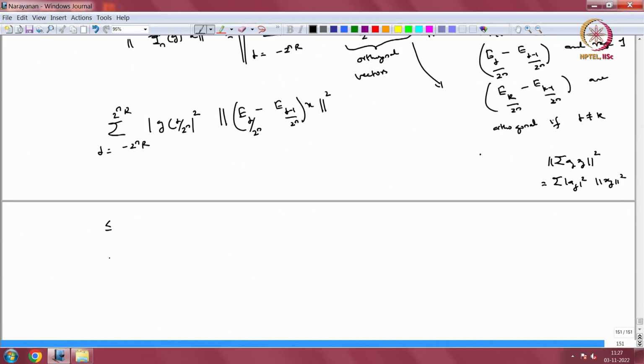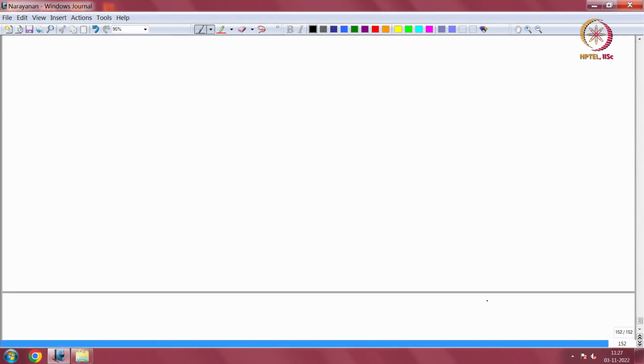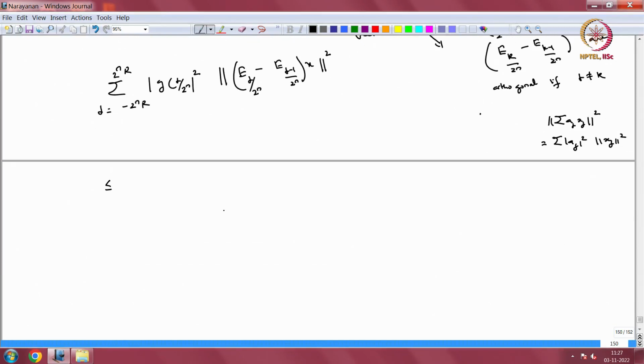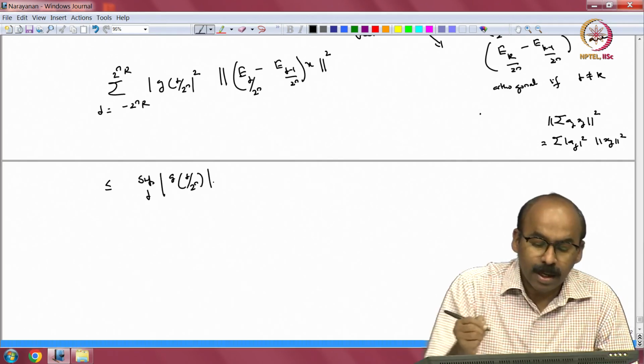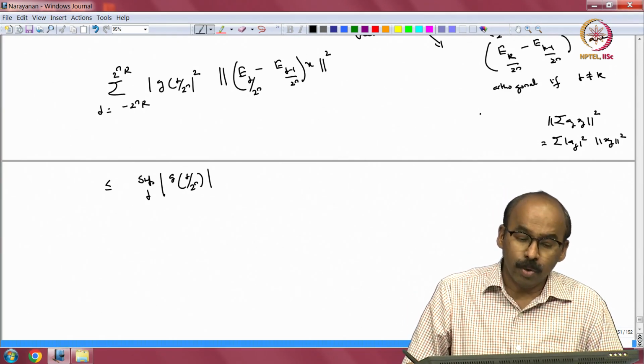So, let us go to the next page. I take the supremum of g outside, so the supremum over j of mod g of j by 2 to the n, where j will go only from minus 2 to the n r to 2 to the n r.